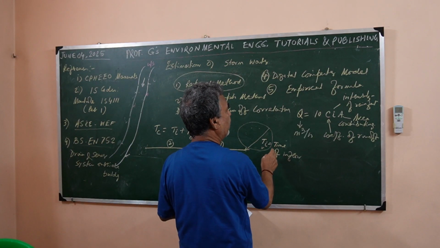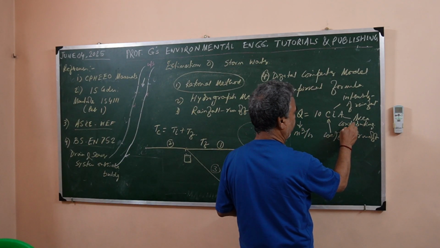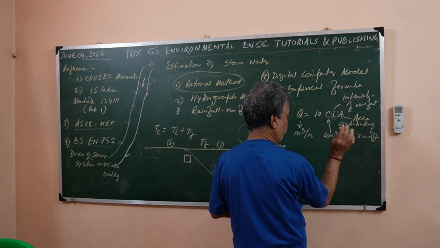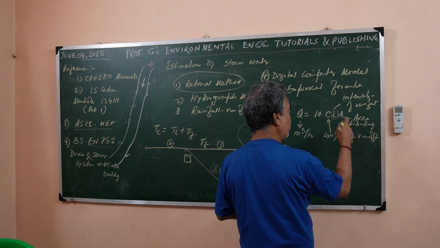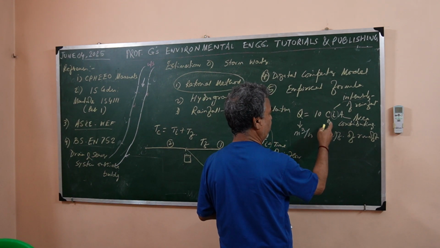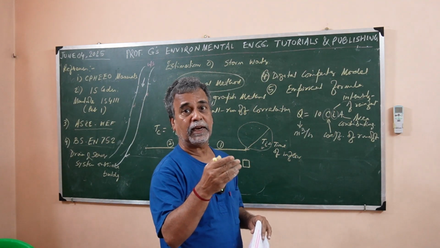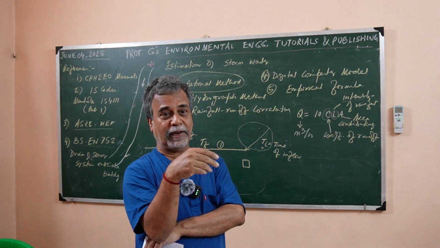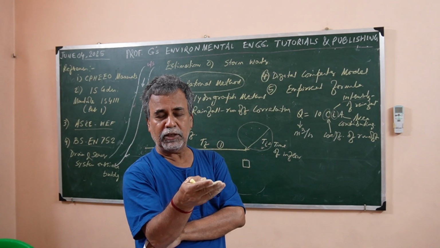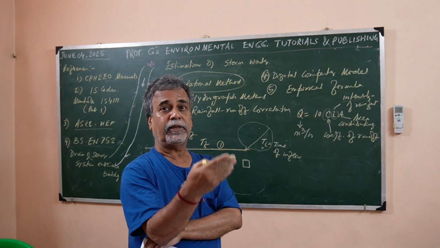If the area is big, naturally Q will be more. One thing I should tell: if the intensity of rainfall is more, then Q will be more, of course. But the duration of the rainfall will decide the imperviousness. In a long duration rainfall, initially a particular area may have a lower C value, coefficient of runoff. That means the percolation will be more and the runoff will be less.